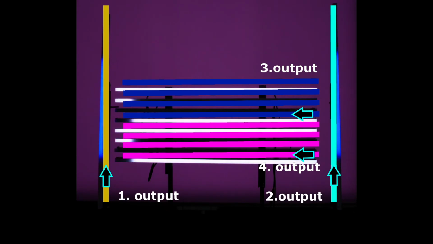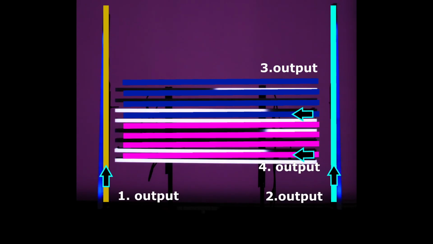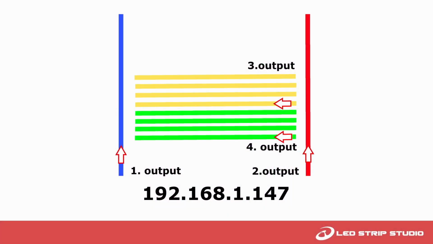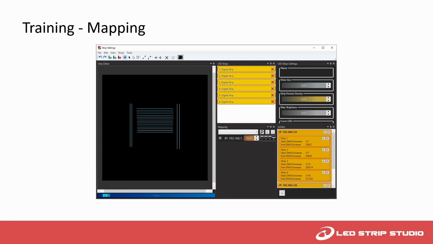The first bar on the left, the signal starts at the bottom, and then on the second output, you've got the bar on the right, and so on. We are using with our devices a default IP address, which ends with 147.